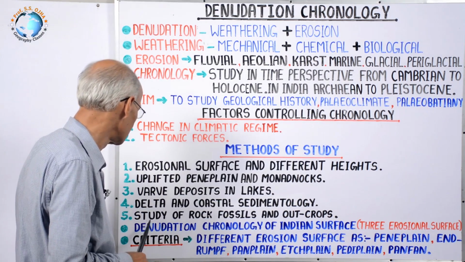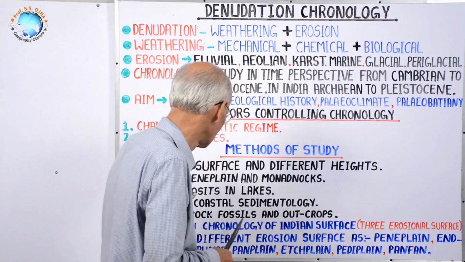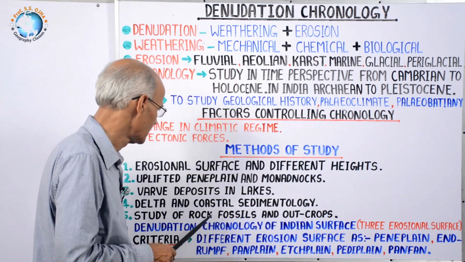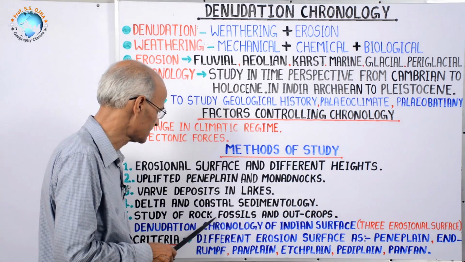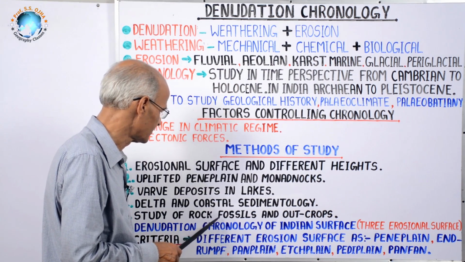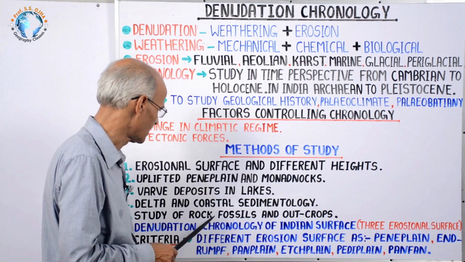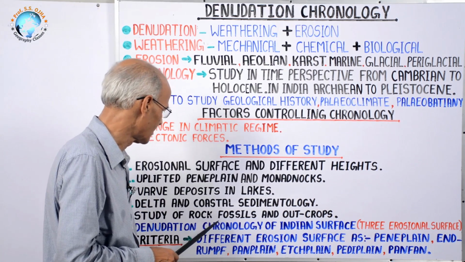Next point is the study of rock fossils and outcrops. There are rock fossils, and these rock fossils are found in all the structures. For example, nappe, for example, monadnock, after erosion of a mountain.